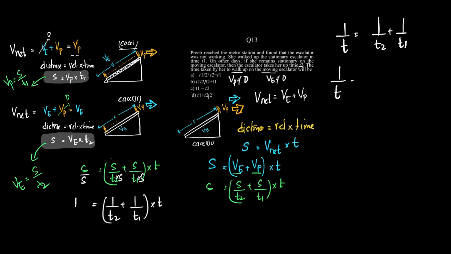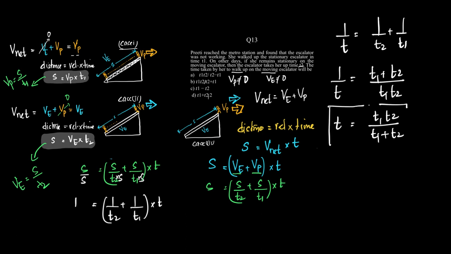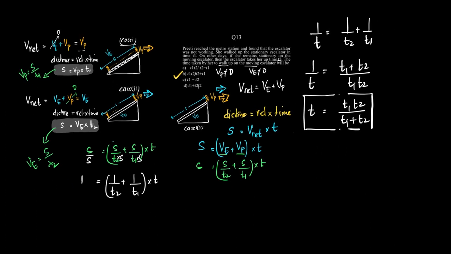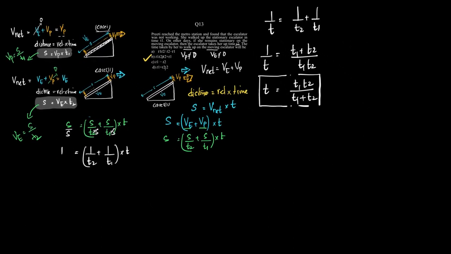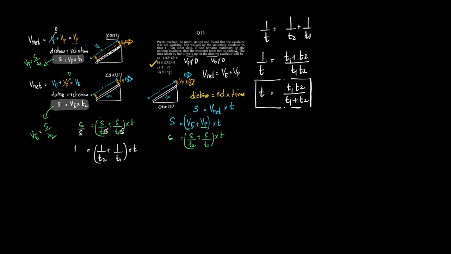So 1 by t will be equal to t1 plus t2 the whole upon t1 t2, in which case t is equal to t1 t2 the whole upon t1 plus t2, which means the correct answer is option B.